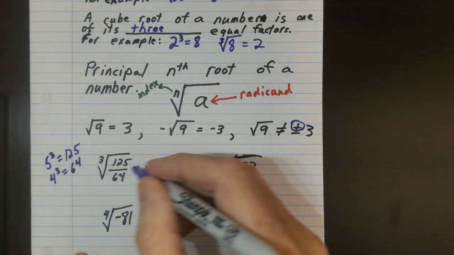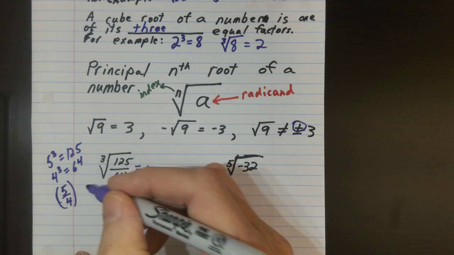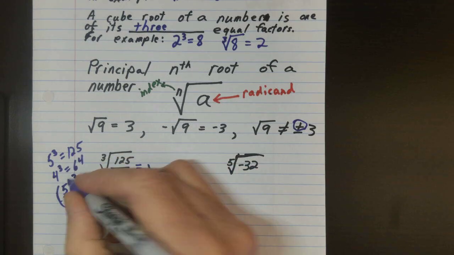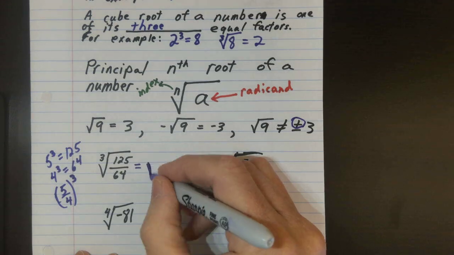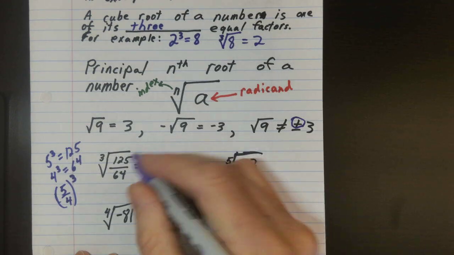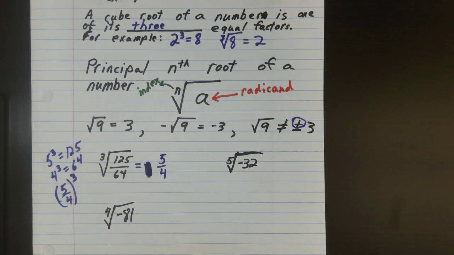So, from our powers on exponents, 5/4 to the third power is 125 over 64. So the cube root of 125 over 64 is 5/4.